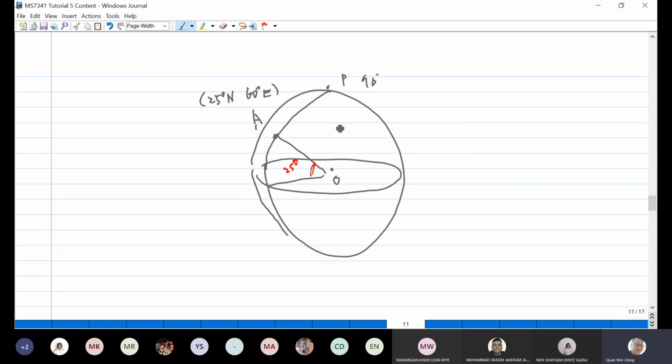Then what is the angle from the center of the Earth to the North Pole? The North Pole is at 90 degrees, right? So this angle here is 90 degrees minus 25 degrees, which is actually 65 degrees.